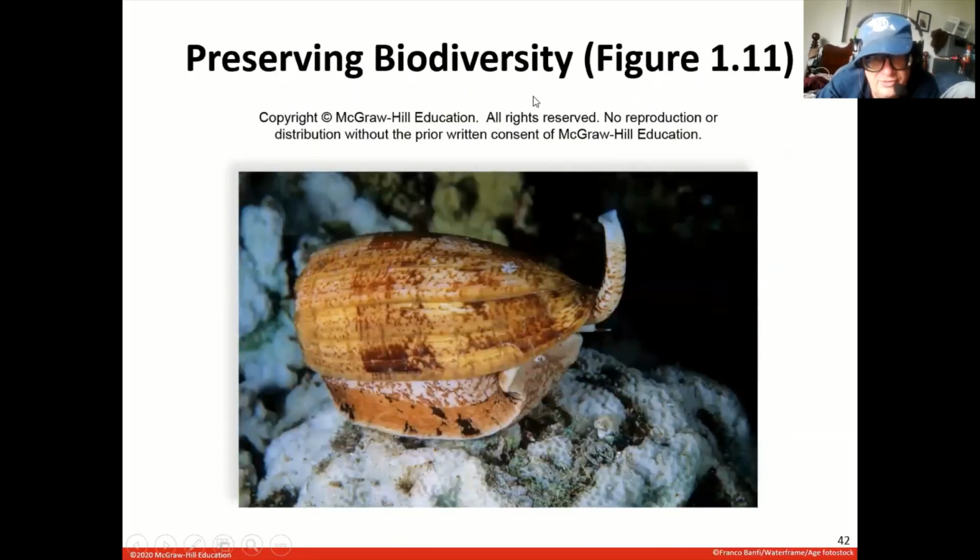Oh wow, there's a cone snail. There's a scary creature. That's a snail that has highly toxic venom. One of the toxins in the venom is a special fast-acting insulin that can throw the prey into a low sugar coma, basically an insulin-induced coma.